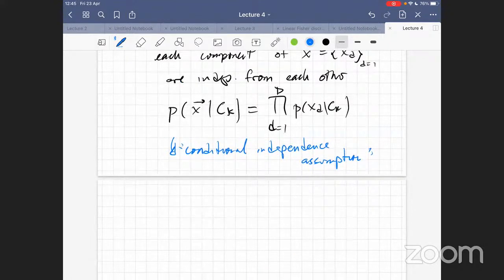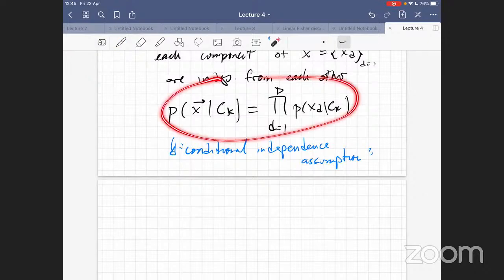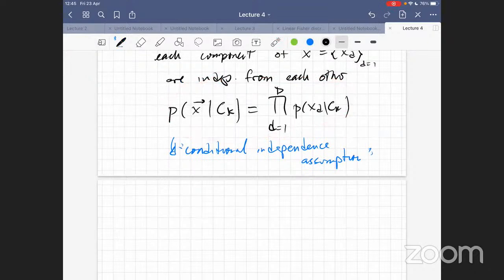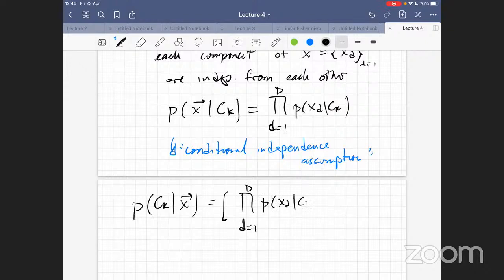Then, once I have written my likelihood for all the classes, I can go and write the object of interest, which is this one. And so this is the likelihood, but the likelihood is just what I wrote above, right?